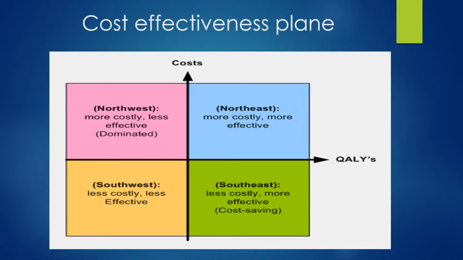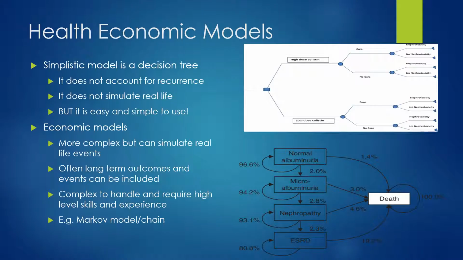We don't do anything because that's really good for us. More costly, more effective. This is the time where we need some decisions, and depending upon the impact of gain, depending upon the availability of resources, we make a decision or the government makes a decision, because the job of health economics is just to give the science to the decision maker, and then they need to make a call on that.